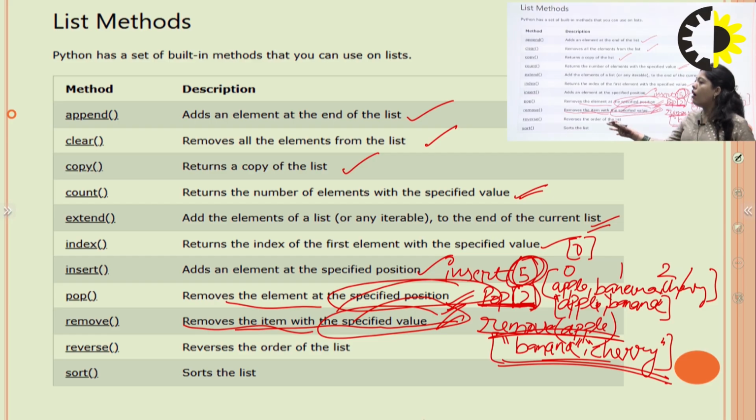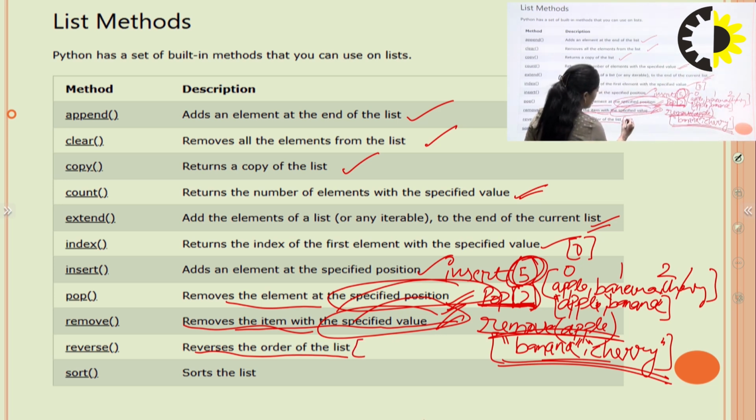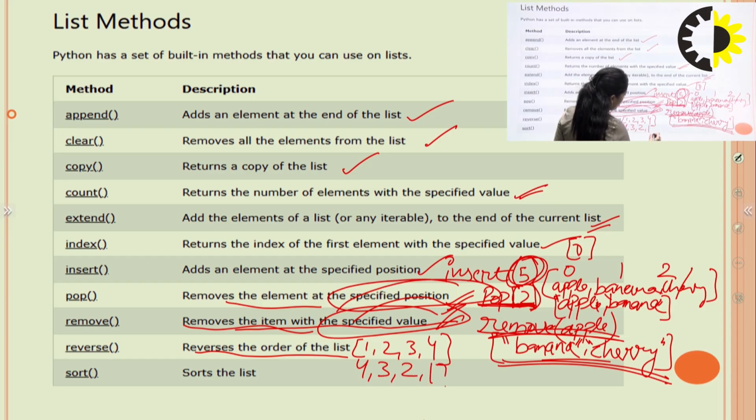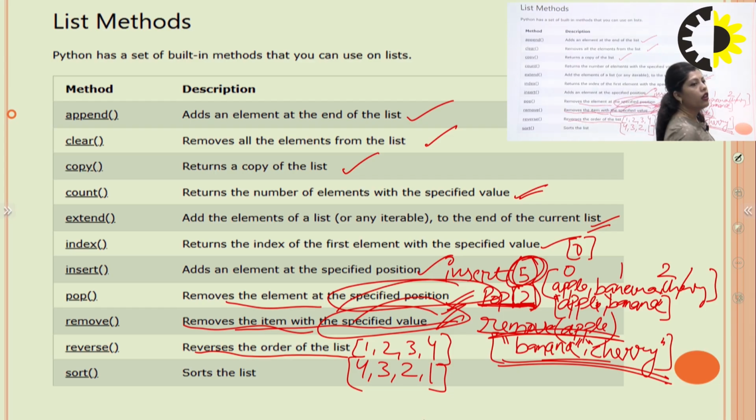Next method is reverse. The reverse method reverses the order of the list. For example, we have a list 1, 2, 3, 4. We want to reverse the list items. Reverse means 4, 3, 2, 1. So, by using the reverse method, we can reverse the list.